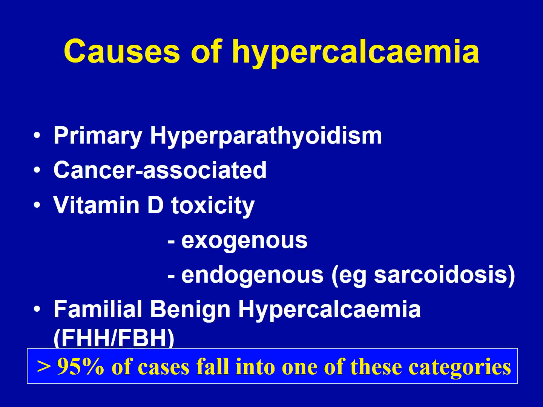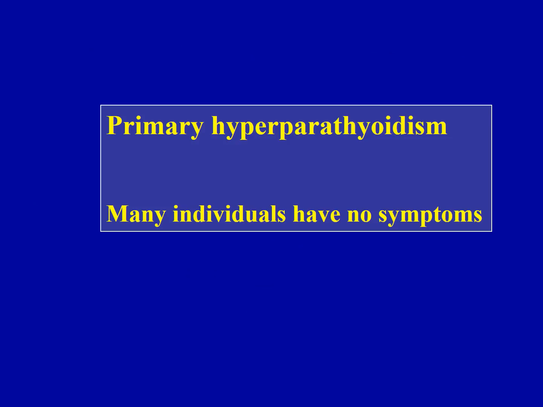And the parathyroid hormone independent cases, which are mostly cancer associated and occasionally vitamin D toxicity. That relatively small list of diagnoses accounts for the vast majority of cases of hypercalcemia.